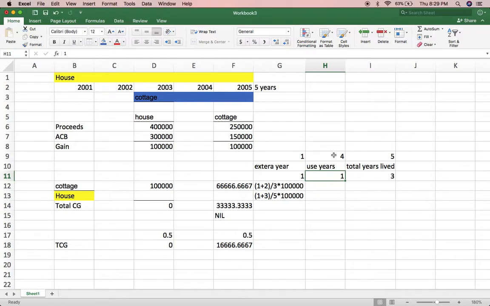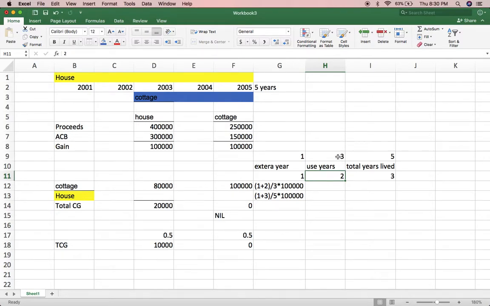First, we give the cottage 2 years, so the cottage capital gain would be 0, and the years we have left are 3. This way, our taxable capital gain is 10,000. It's better to do it this way if you want to save more taxes. You can do it the other way, but you do not save most of the taxes.